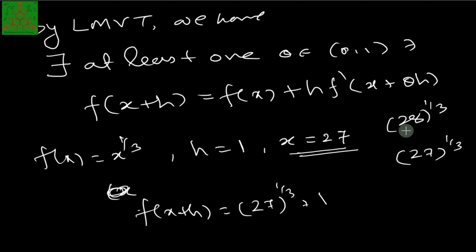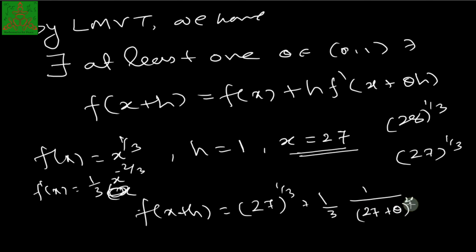And f dash, the derivative of this function f, is 1 by 3 x raised to minus 2 by 3. So that gives me 1 by 3 into 1 upon x raised to 2 by 3, that is x plus theta h, with x is 27 plus theta, h is 1, raised to 2 by 3, and this value is 28 raised to 1 by 3.